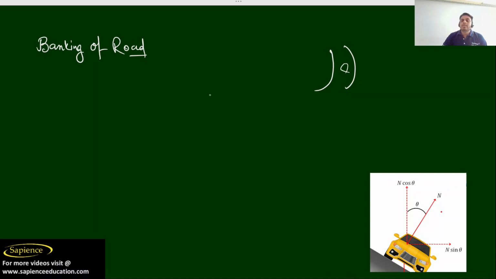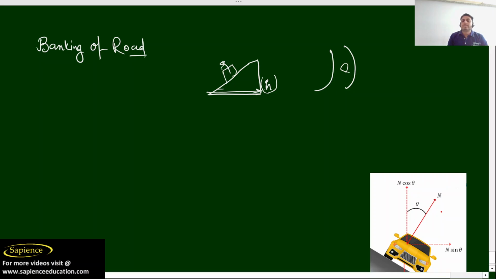So what we do is banking, which means we increase the height of one side. If my car is moving like this, the height of this radial path should be increased on one side by h. This is the method of banking of the road.